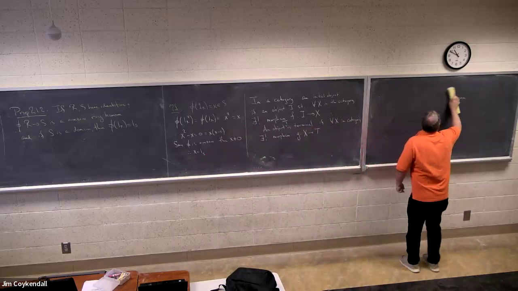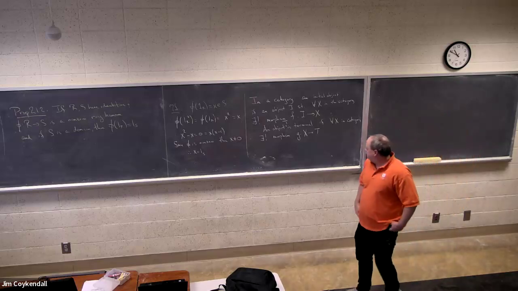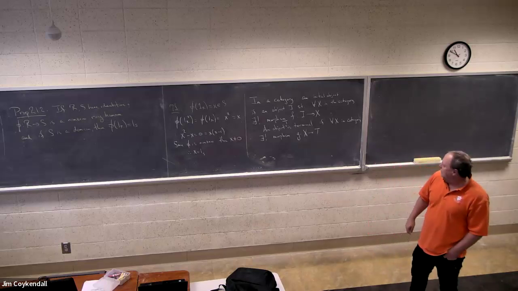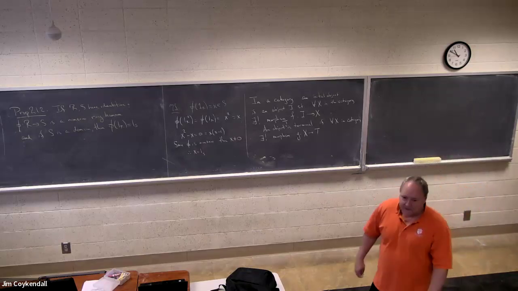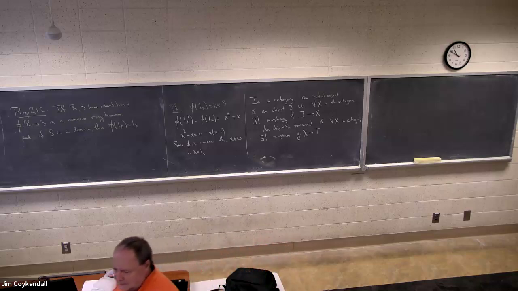So let's look at some examples. How about the category of abelian groups, say, or groups? Is there an initial object? The zero group, the identity, if you like. Is there a terminal object?